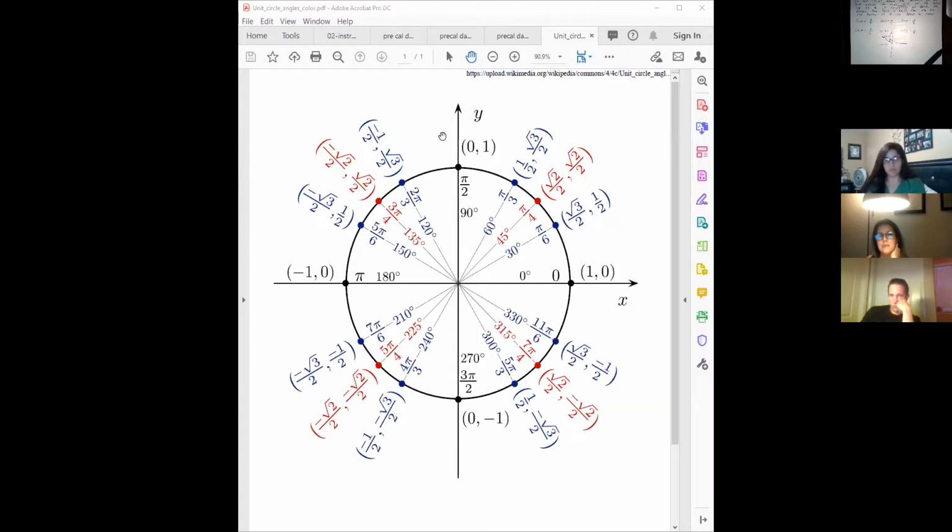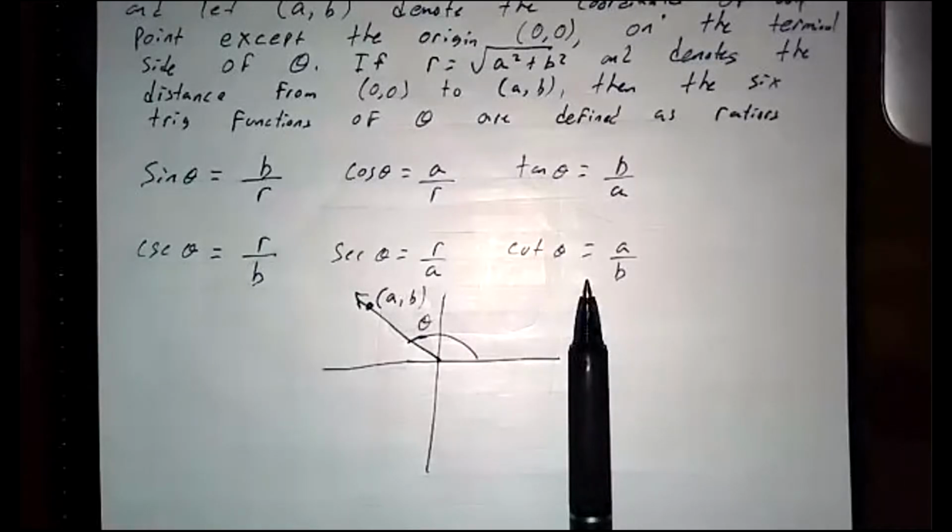So all of this is a circle of radius 1, so it goes out 1 unit. But now these questions could be a circle that's bigger, like radius 2 or 4, whatever. So it'll be very similar to what we've already done. It's just that we have this extra r part. So it doesn't come up too often, but it will in this section. All right, but we'll do those examples in a minute.